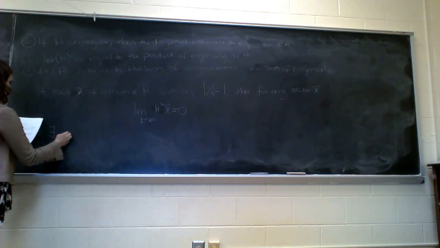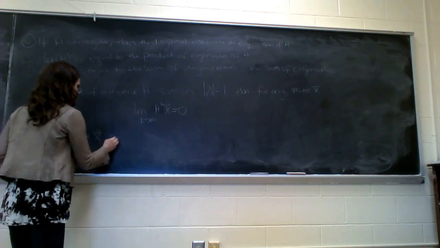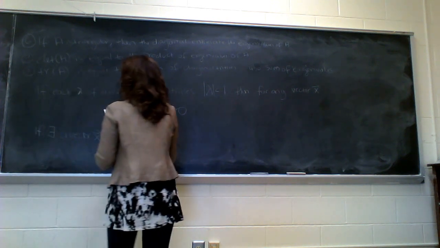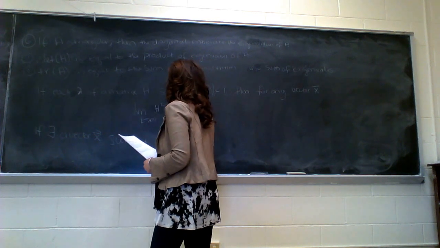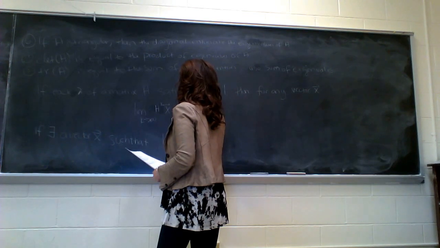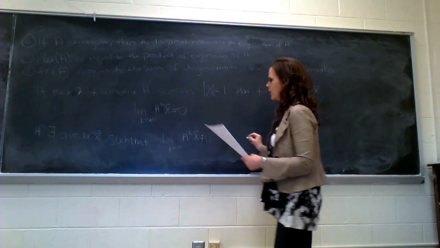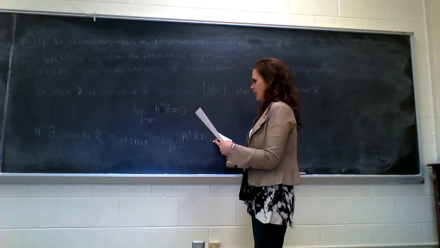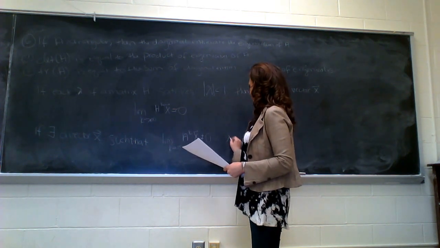If there exists a vector x such that this does not approach 0, say the limit as k approaches infinity of A^k times x does not approach 0, then there's at least one lambda which is greater than or equal to 1.